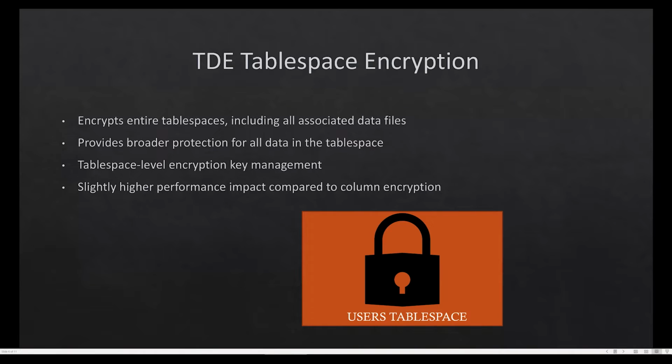Apart from this, key management is also important, and it has a slightly higher performance impact compared to column level encryption. So when I say higher performance impact, it means it will require more CPU for data encryption, and it has slightly more overhead as compared to column level encryption.